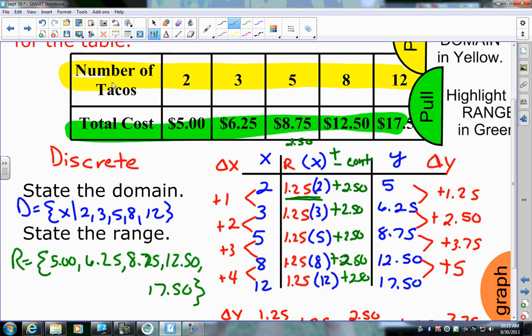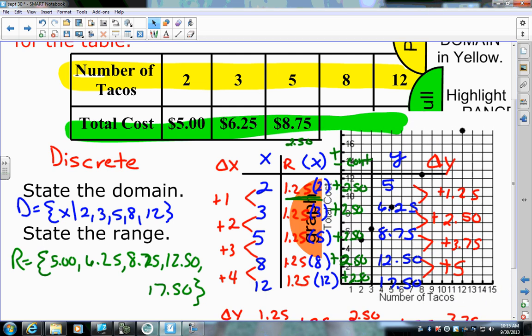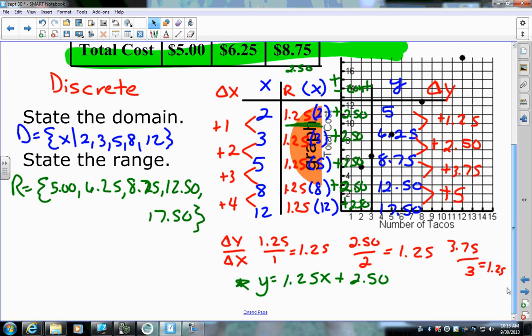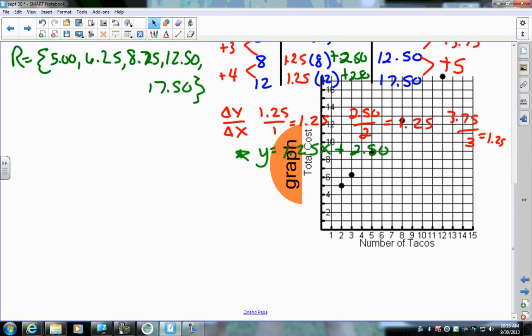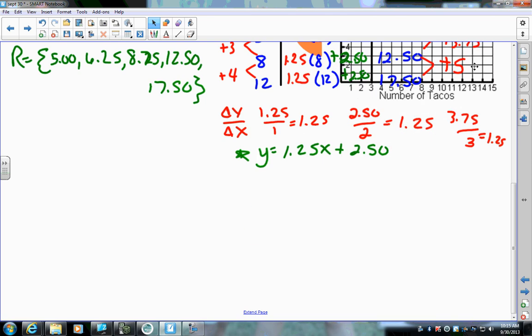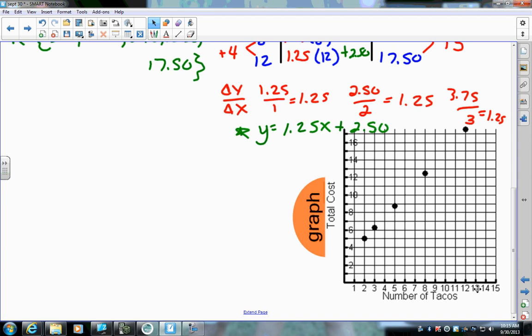No, you can't. You're either going to buy 1 taco, 2 tacos, 3 tacos. Your graph is just going to be dots, because you're only buying certain numbers of tacos.